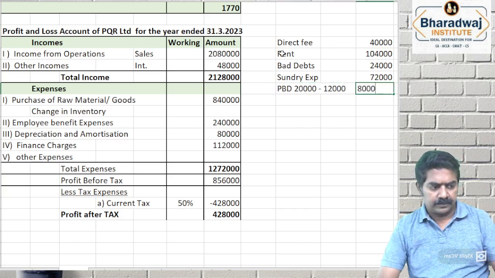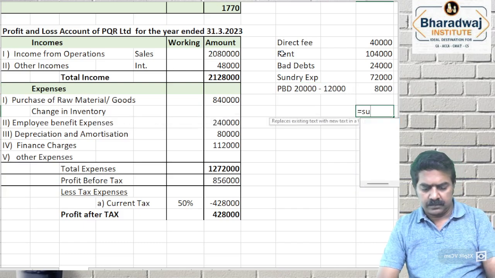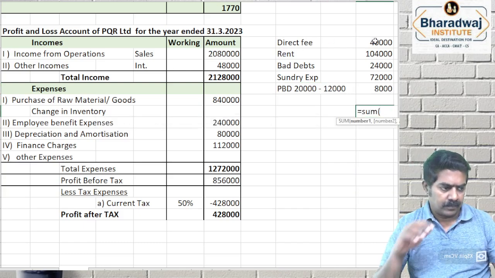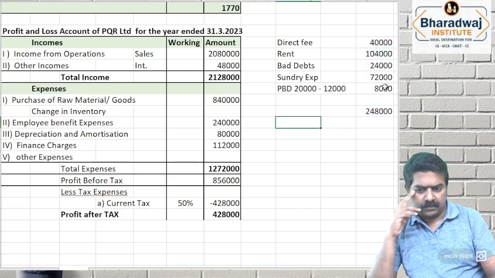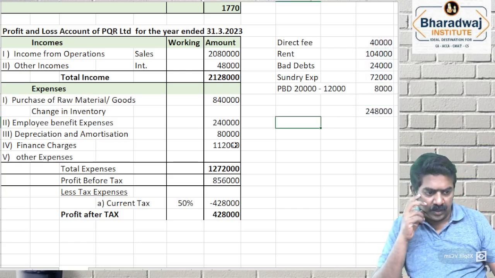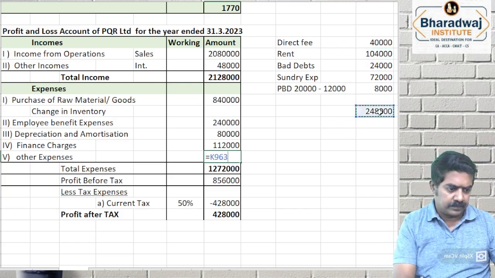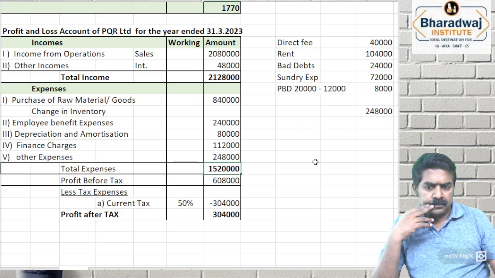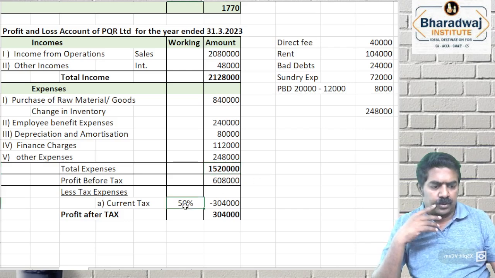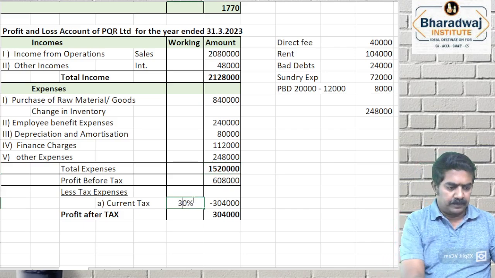Then 2,48,000. So 6,08,000 வரும். Tax எவ்வளோ percentage கொடுத்துருக்கோம்? 30%.